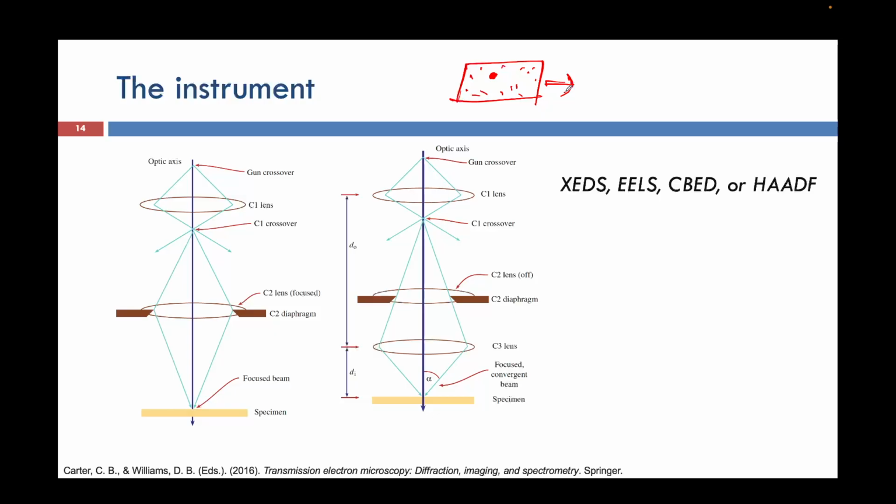In that case, I want to focus my beam onto this particular spot. That means I am converging my beam. I can do that by increasing the C2 current, so that the convergence, in both C1 as well as C2, of this electron beam will take place.